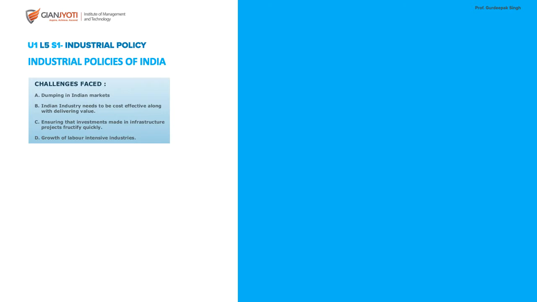Okay, let us start with the industrial policies of India after we got independence from the Britishers. When we got independence, there were four major things which the government was looking at. Number one, there was a lot of dumping happening in India. Second, the government wanted us to use our resources effectively and efficiently, and also to deliver the maximum value.